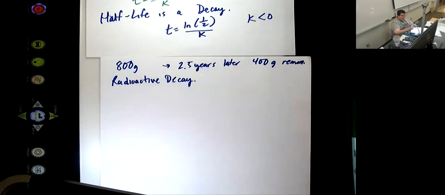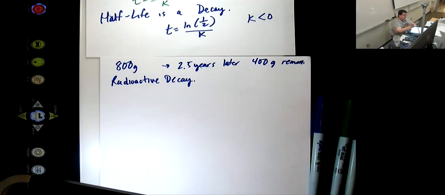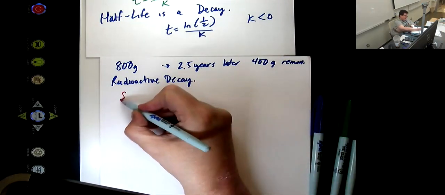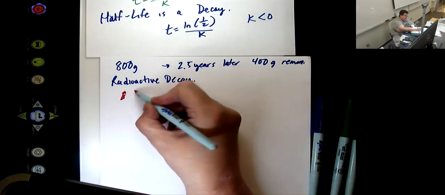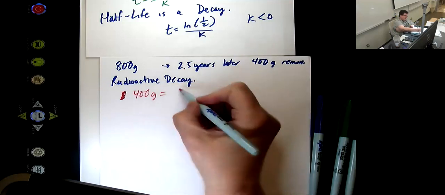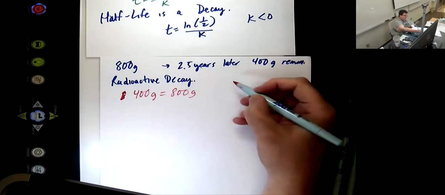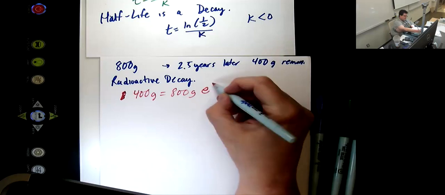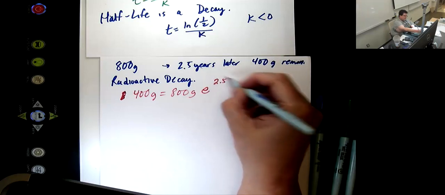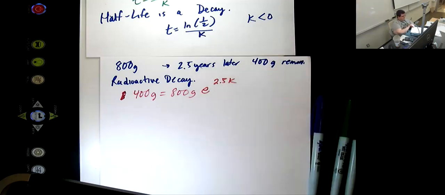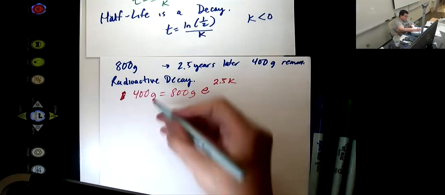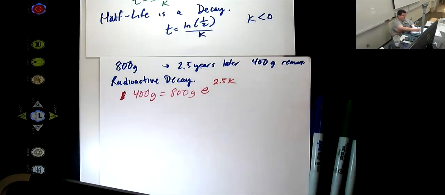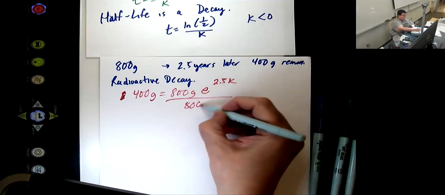To find what we have, 400 grams is our N value, equals 800 grams times e to the 2.5, that's our time, times k. I can put the units in there because when I divide by 800 grams, the units go away.